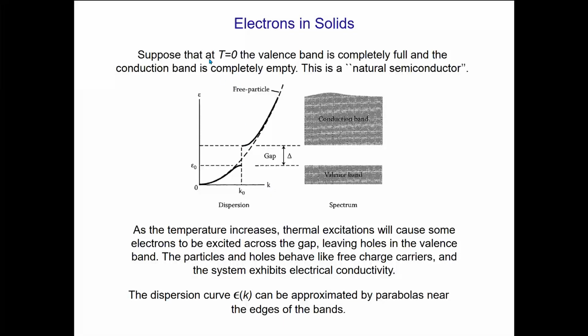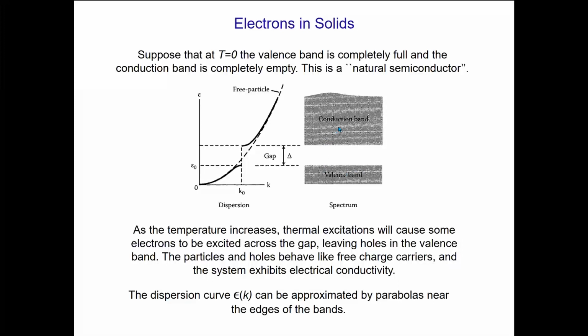So assume that at T equal to 0, the valence band is completely full under the Fermi surface, and the conduction band is completely empty. Okay, almost, yeah. This is what we call the natural semiconductor. For a moment, because temperature is 0, they cannot jump from here. No thermal fluctuations.